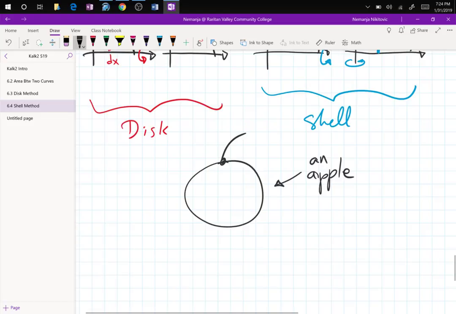So hopefully you will all agree that there is a rotational axis of symmetry through the center of the apple, right? An apple should be okay, right? Symmetric. If you're allergic to apple, do the lemon. I don't care, right?